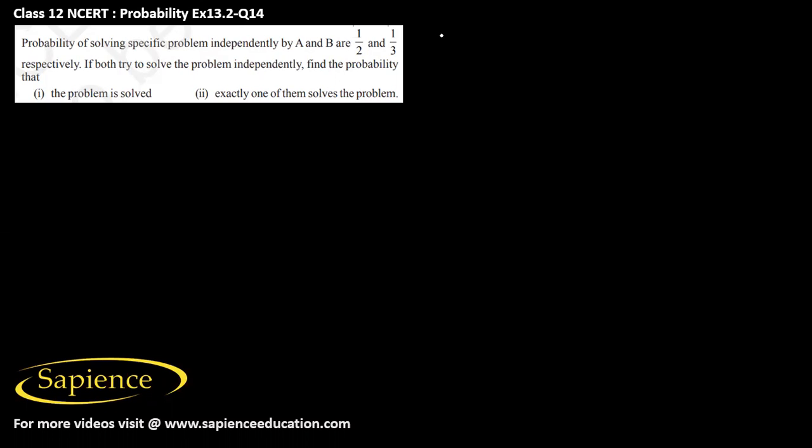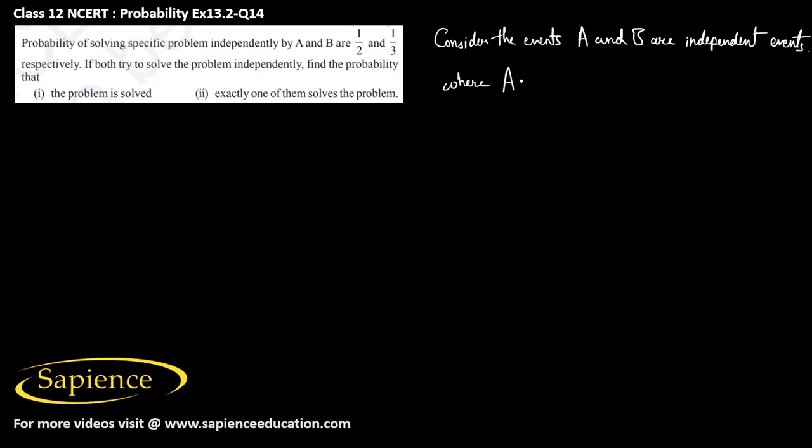Here we have to consider the events A and B are independent events, where the event A has been defined as that the person A solves the problem, and the event B is that the person B solves the problem.